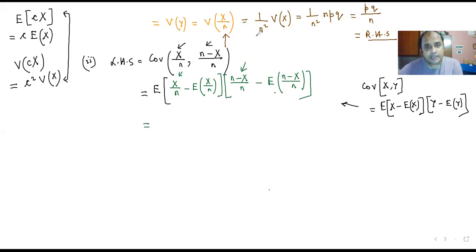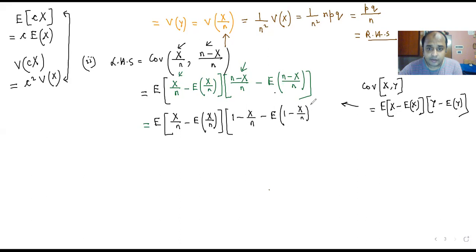Now you can do a little bit of calculation over here. We write x by n minus expectation of x by n. Let us not touch it, keep it as it is, and we'll do something with the second part. We can write it as 1 minus x by n, and this is expectation of n minus x by n, so we can write it as expectation of 1 minus x by n.